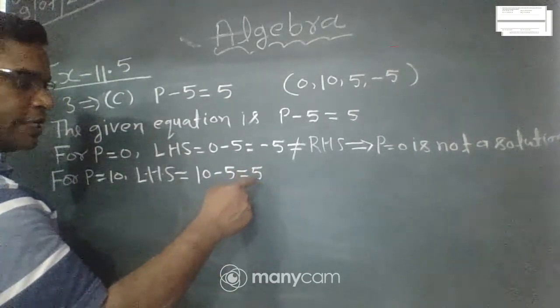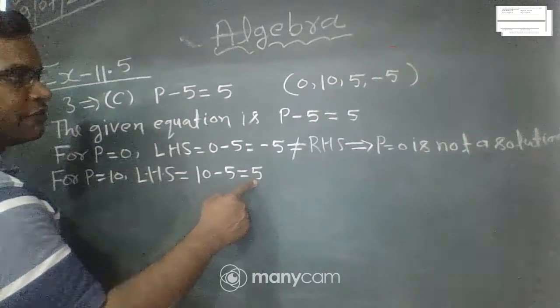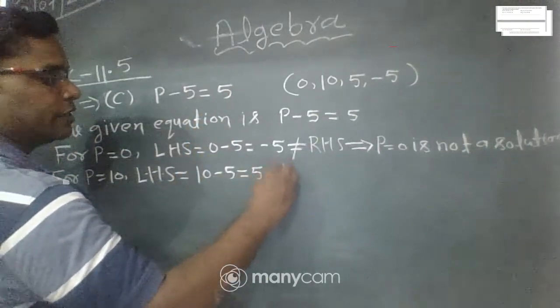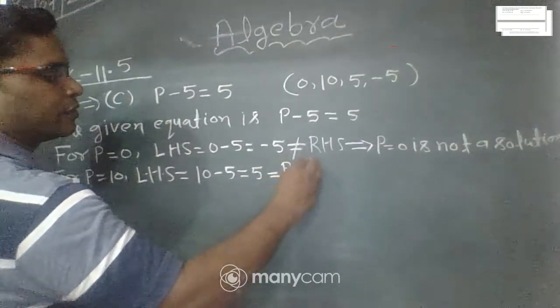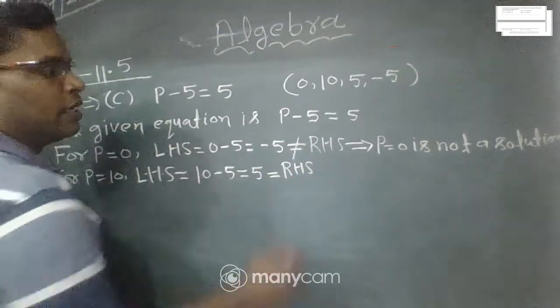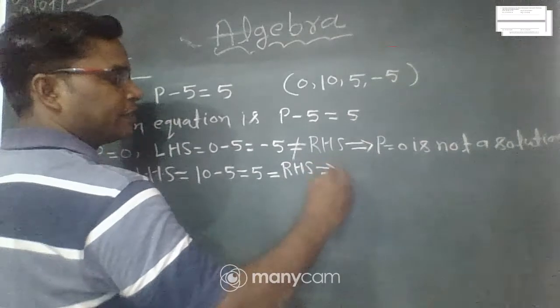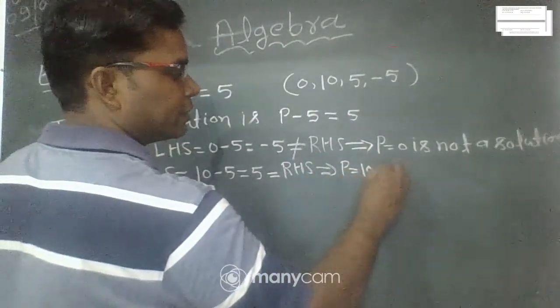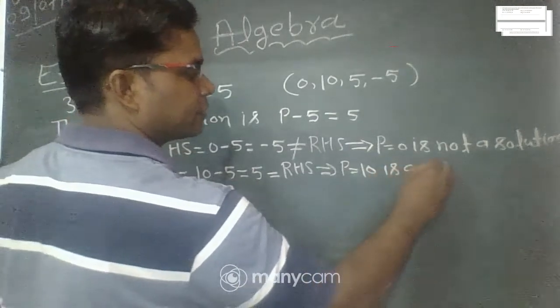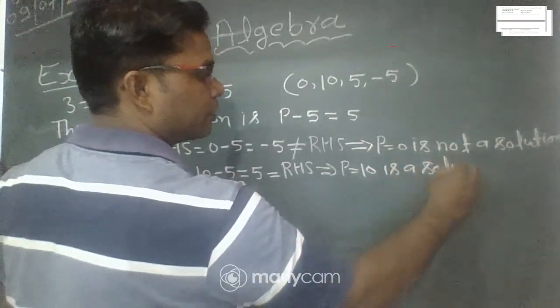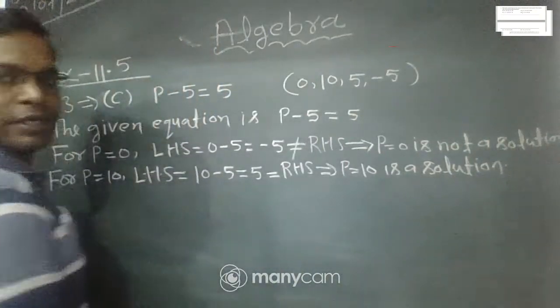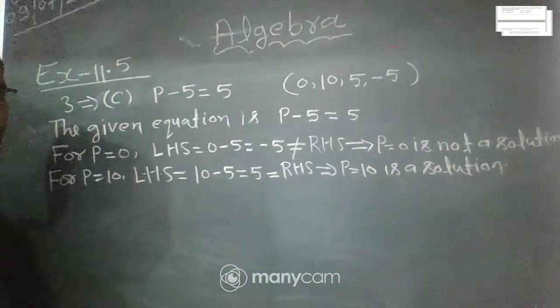You can see the left hand side is 5, the right hand side is also 5. So you can write here this is equal to the right hand side. Clear? And this implies that p is equal to 10 is a solution. Clear? p is equal to 10 is a solution.